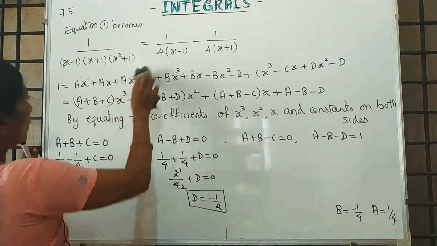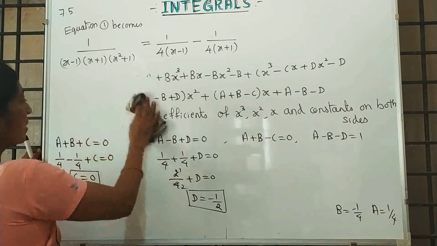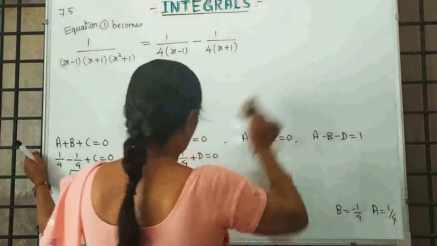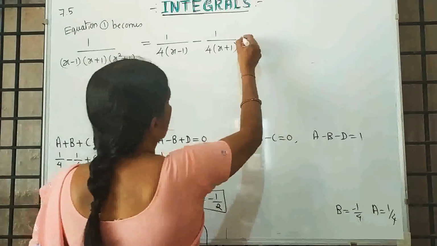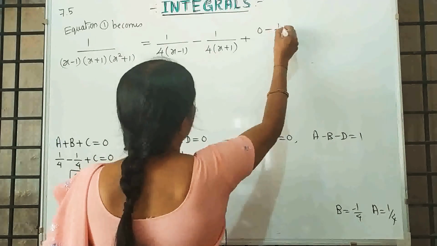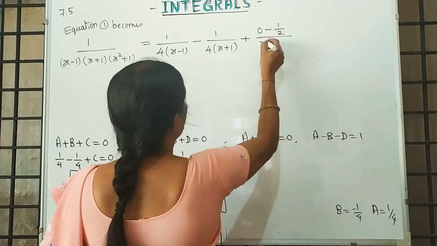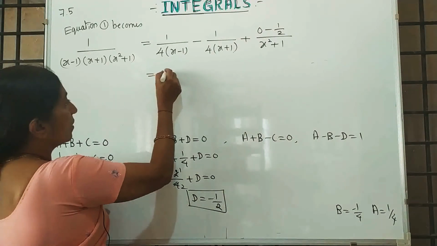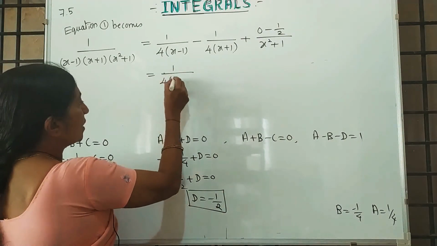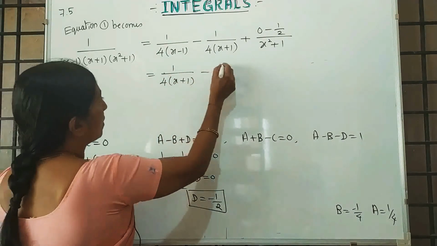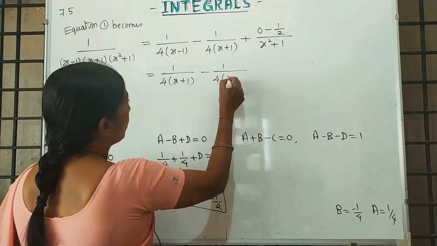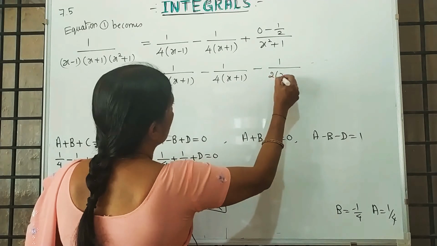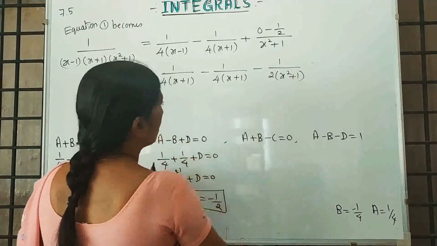And c value is 0, 0 into x is 0. Plus 0 minus 1 by 2 upon x square plus 1, because c is 0, or 1 by 4 into x minus 1 minus 1 by 4 into x plus 1 minus 1 by 2 into x square plus 1.